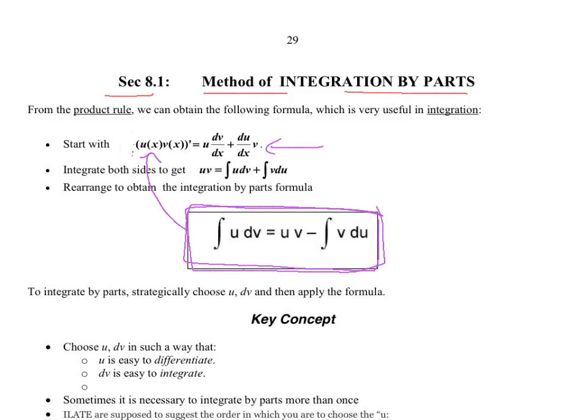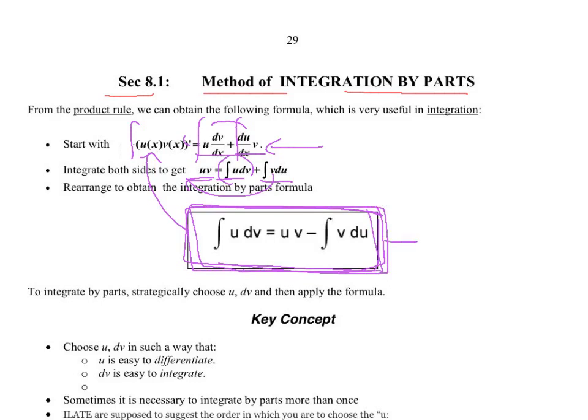Derivative of uv is uv prime plus u prime v, and so on. If you integrate both sides, so the integration of the derivative is uv, and this is integration of these, and if you keep this in one side and transfer this here, you are going to end up with the integration by part rule.